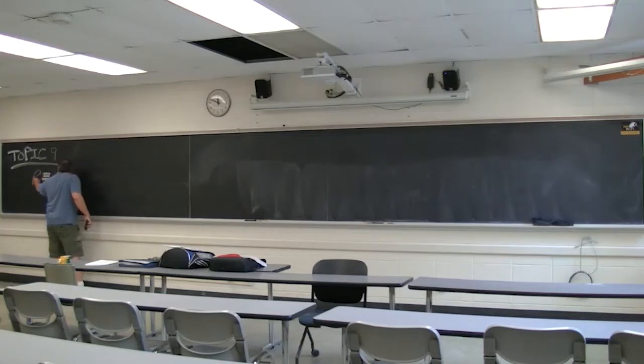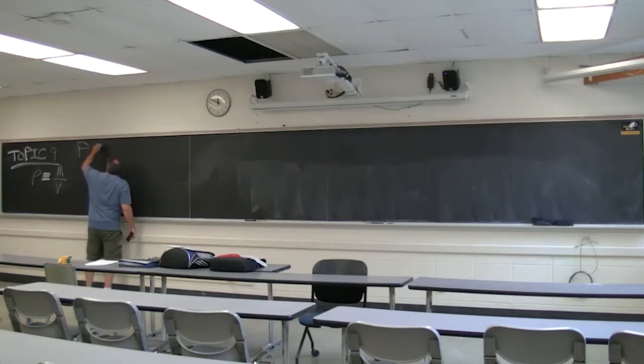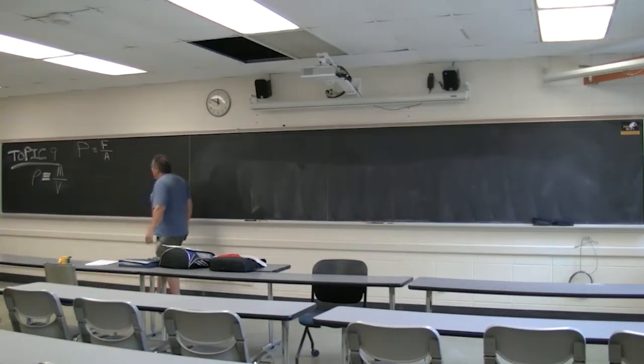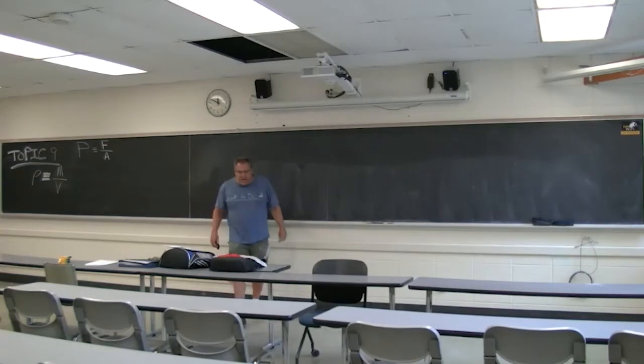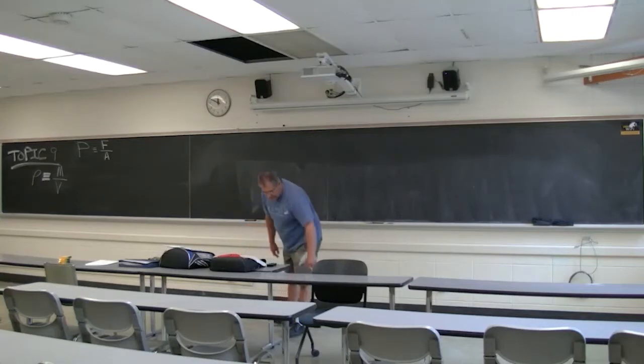This is P, the Latin-based P. And they're saying pressure is the force exerted perpendicular to an area A, divided by A. Force divided by area is the pressure. And they put those 3 lines down there, and it's good.